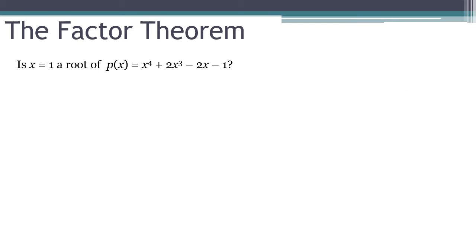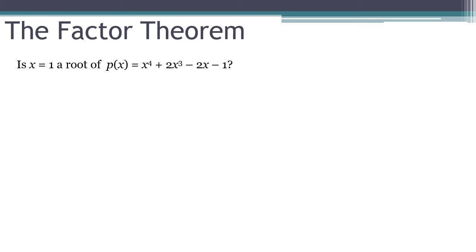So again, the wording here is a little different, but these are all playing off the same single idea. How can I tell if something is a root or a factor? And one thing we need to do here, we need to be clear about the relationship between roots and factors.